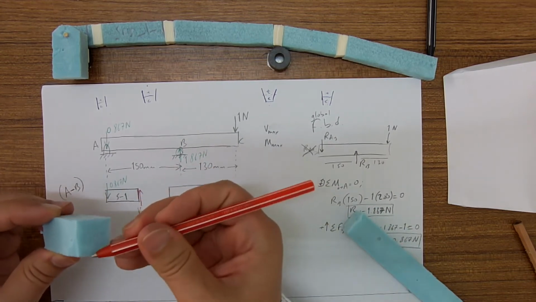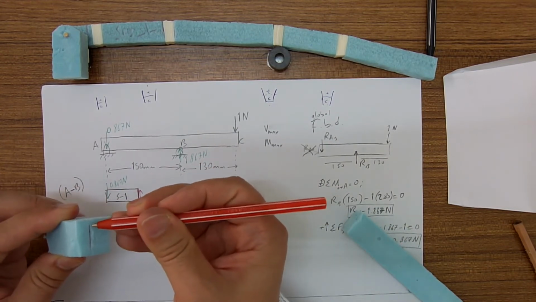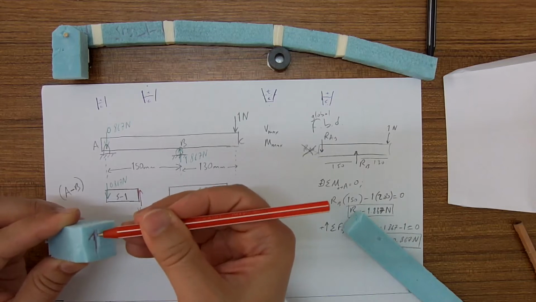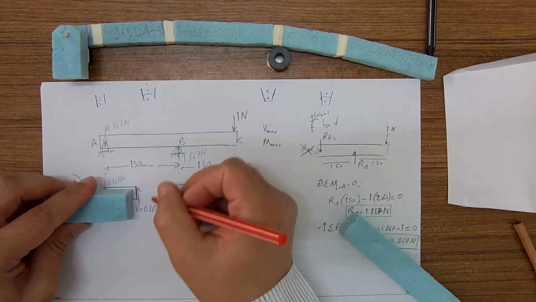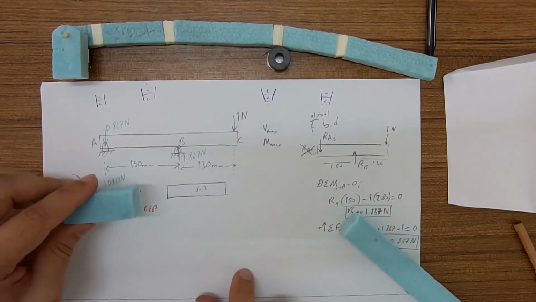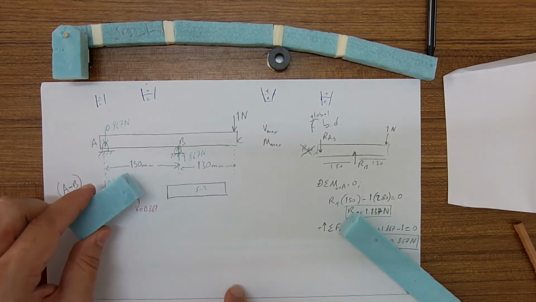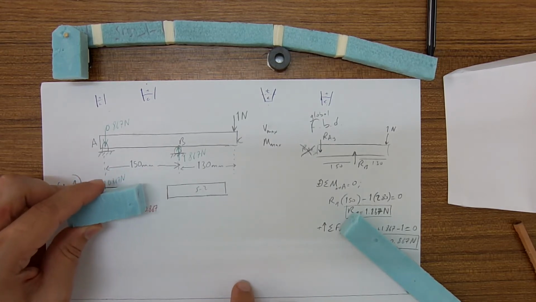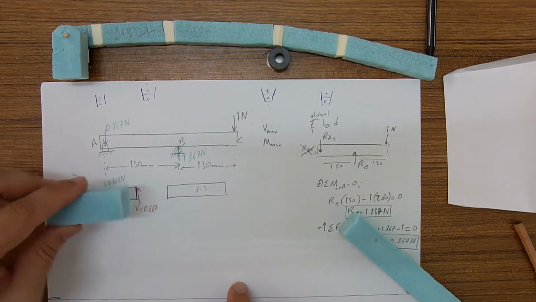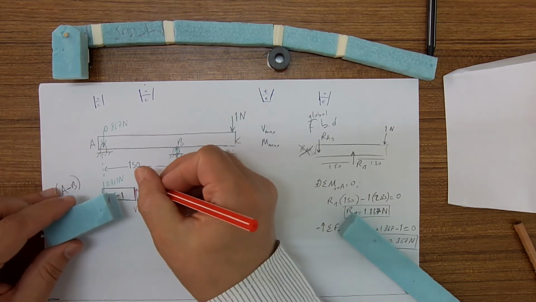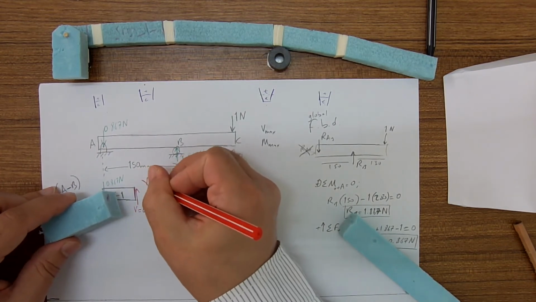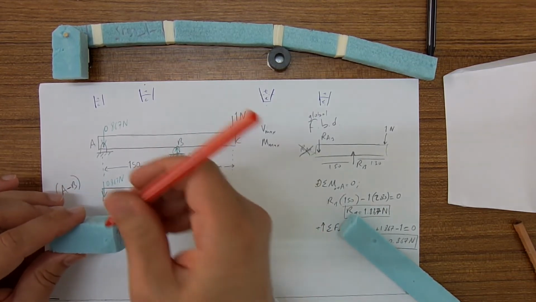So V here is like this, and the moment here, since it was trying to rotate this, and the internal moment keeps it in the opposite direction, so there is an equilibrium, therefore the moment has to be this way. So there is also a moment.